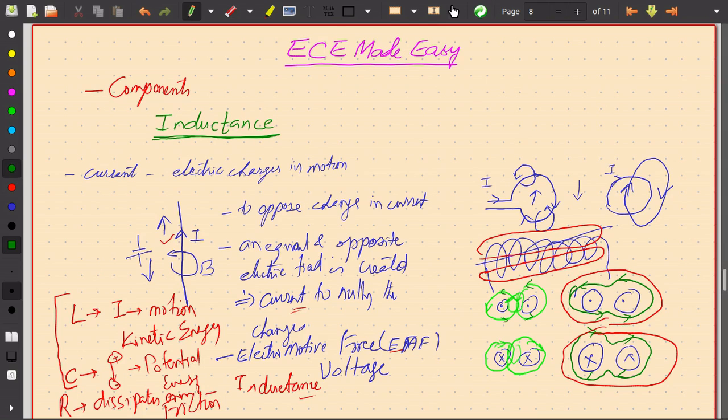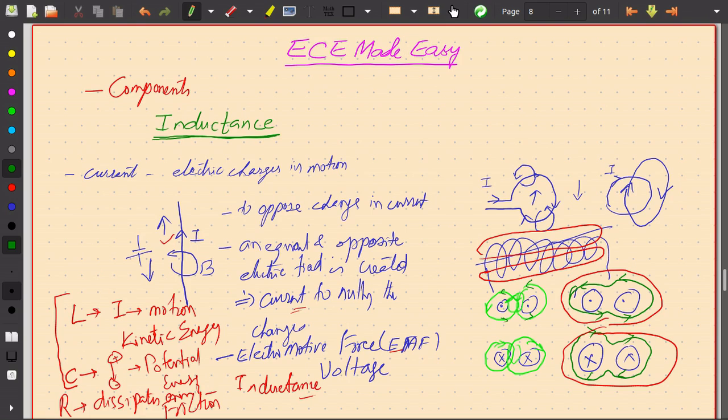When we have a magnetic field and you try to stop the current, the magnetic field will not allow the current to decay immediately, so we can take it that there is some storage of energy which will continue to make the current flow even if you stop the current flowing. This current was flowing because of some reason, and if that reason no longer exists, then because of this magnetic field the current continues to flow.